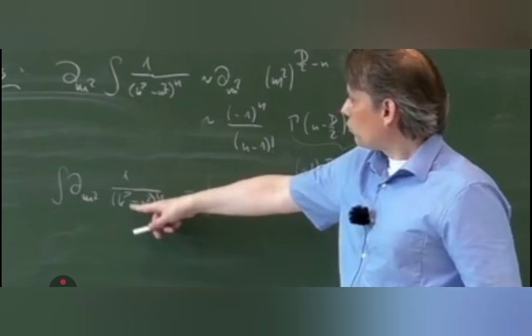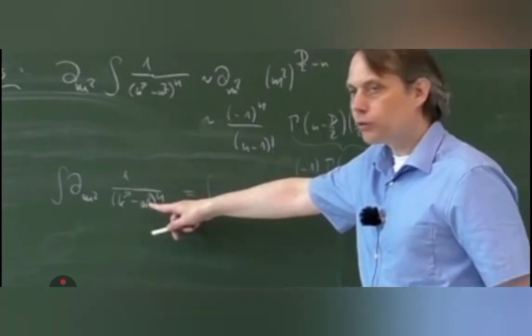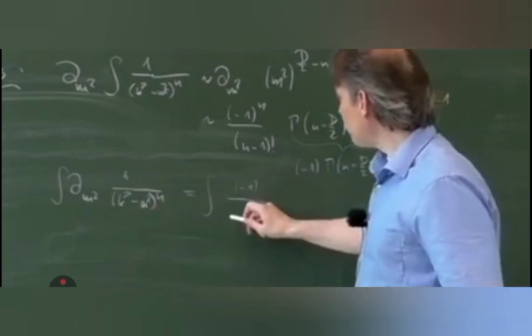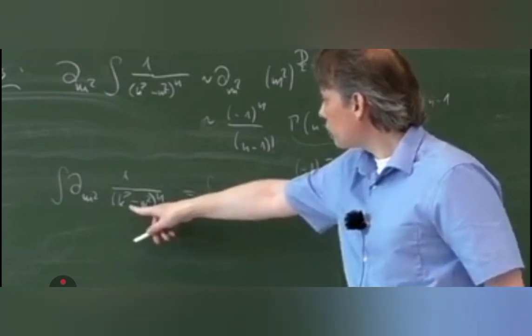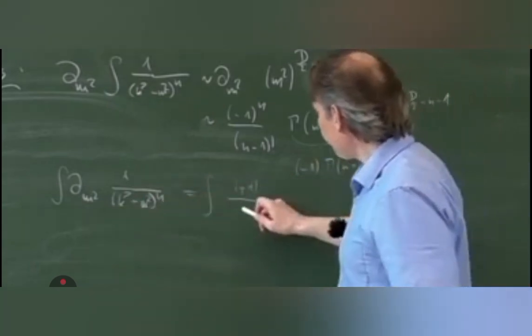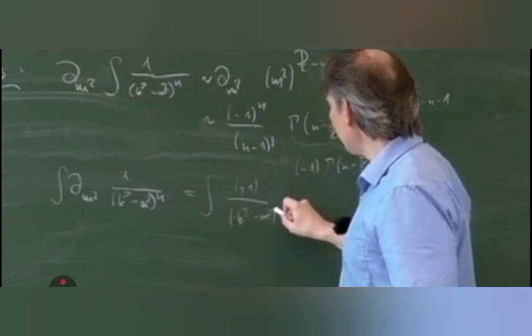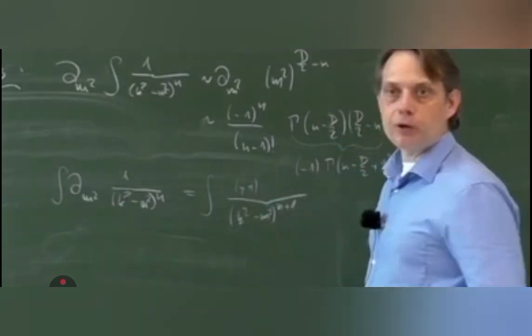Let us do first the derivative of the integrand and afterwards do the integration. So here we literally take the derivative of the integrand, and then of course we get minus n as a prefactor, or plus n, because there is also an inner derivative, divided by k square minus m square to the power n plus 1.